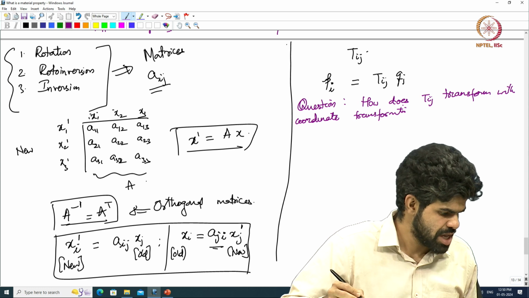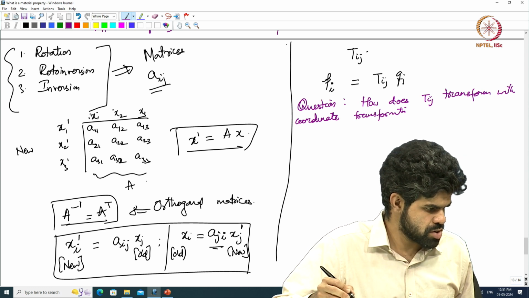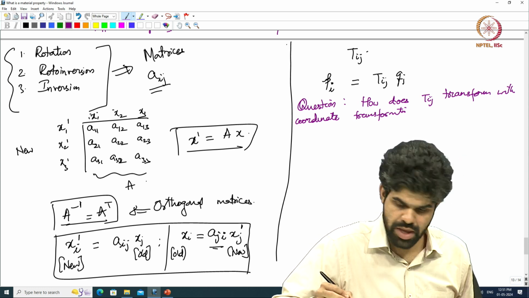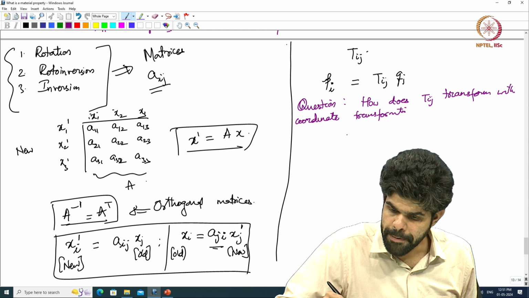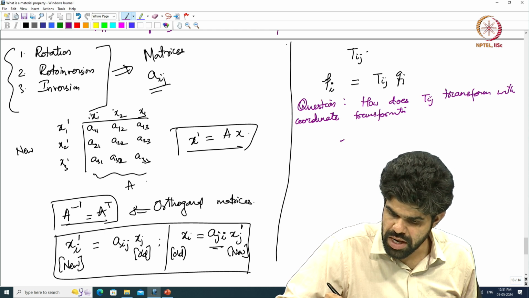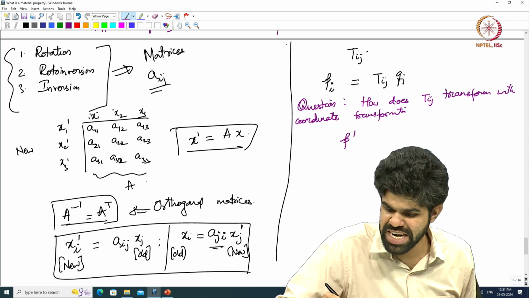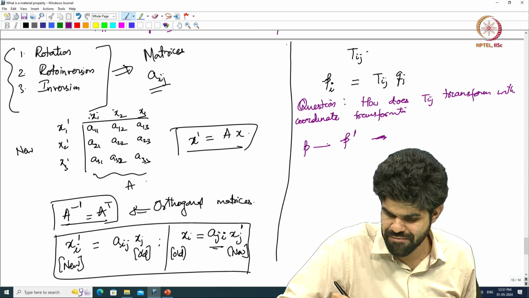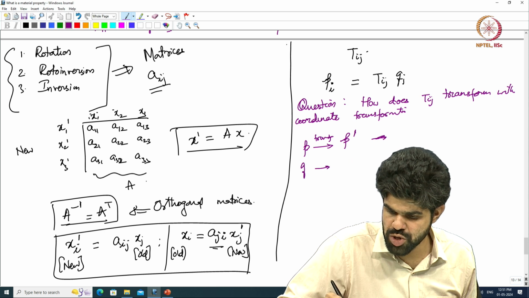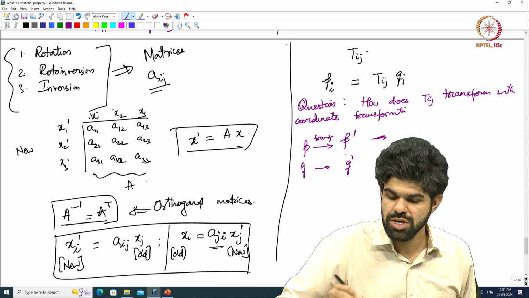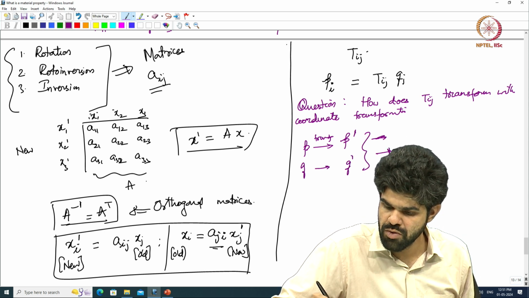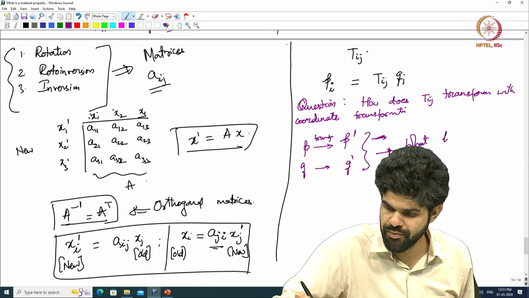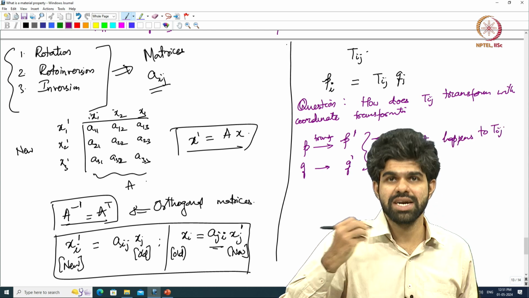So, in other words, I am going to coordinate transform. Let us say P gets transformed into P dash, and Q gets transformed to Q dash. So, if this is the case, what happens to Tij? How does that get transformed?